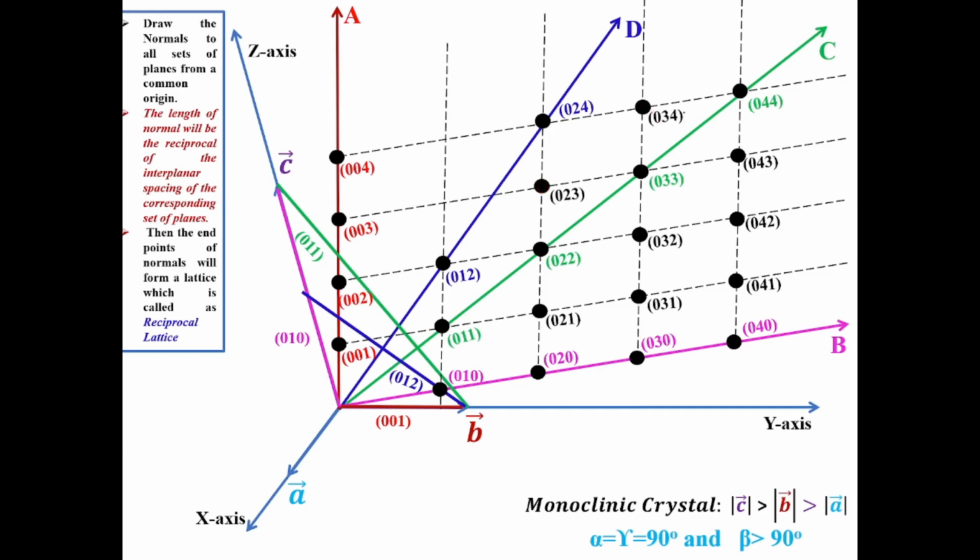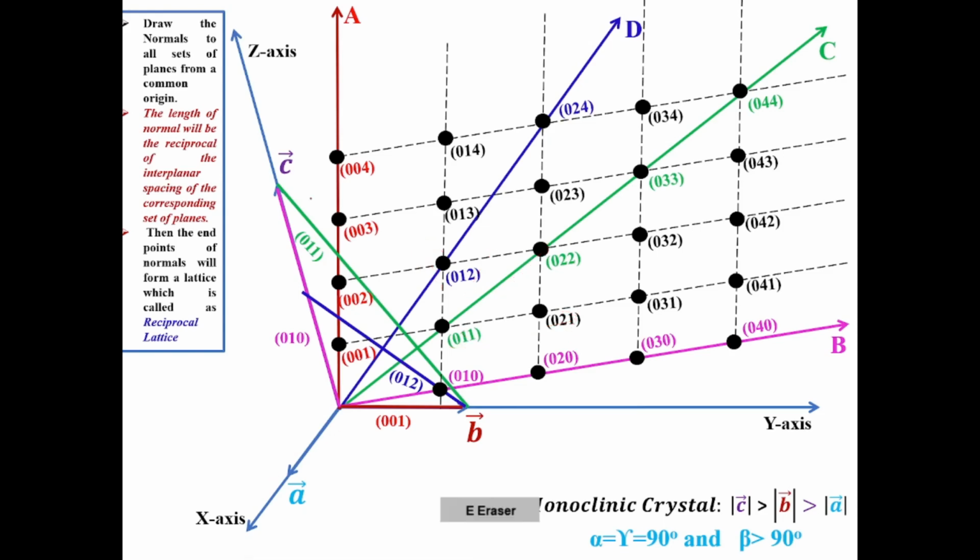This point will be 034, and likewise these two points will be 013 and 014. So here we located almost all planes as points. You can see these points are repeated periodically along this, this, this, and this direction.